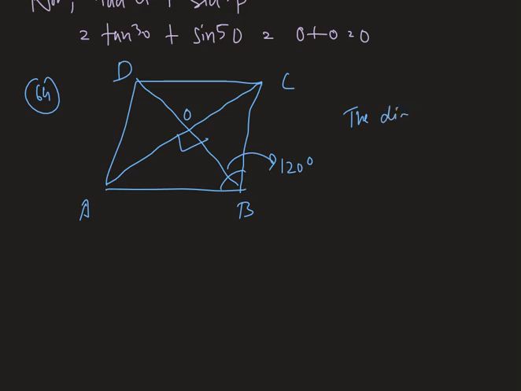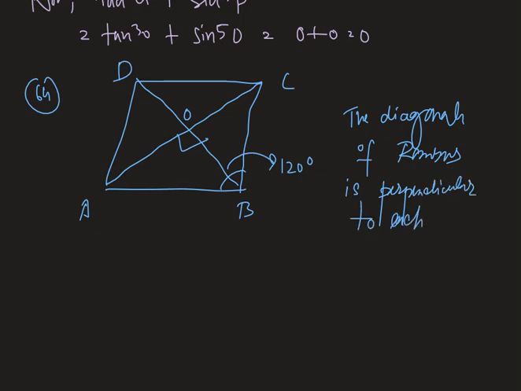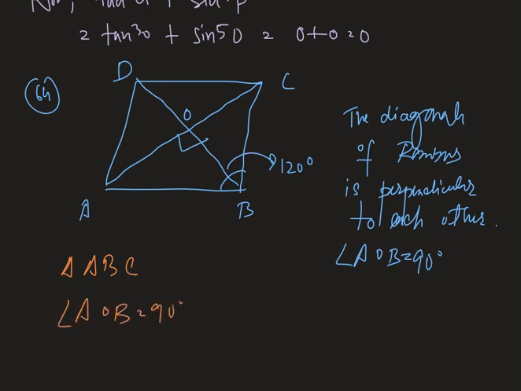The diagonals of a rhombus is perpendicular to each other. Therefore, angle AOB is equals to 90 degree. Now, in triangle ABO, angle AOB is equals to 90 degree.